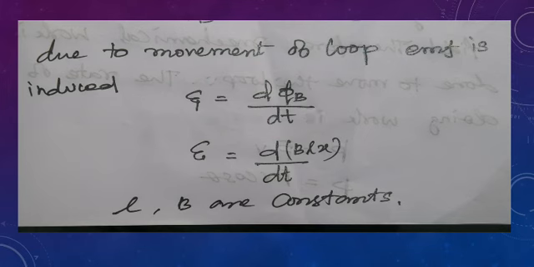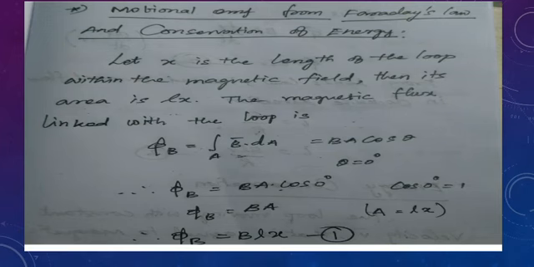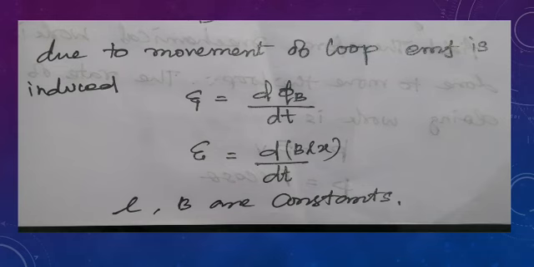In the previous case we have the flux, what is the flux? B L X. That's why here E is equal to d by dt of B L X.